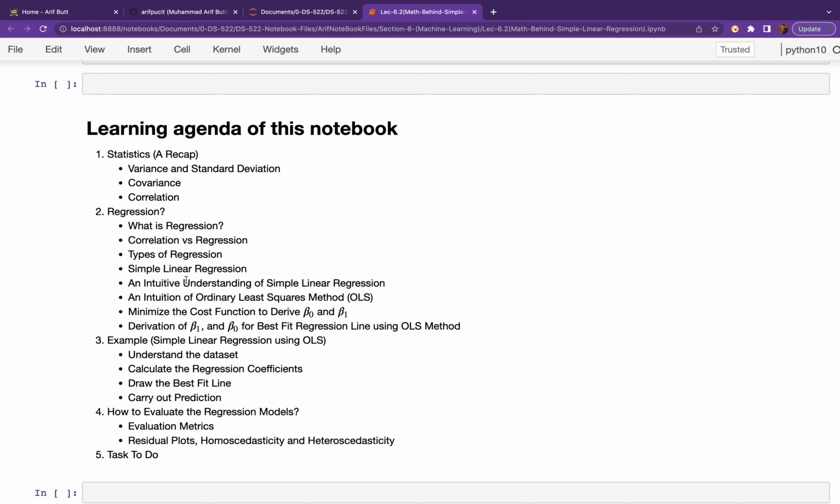Well, today, after having an intuitive understanding of how simple linear regression works, we will use the least squares as a cost function, and we'll see how we can minimize this cost function to get the regression coefficients and derive the best fit line equation used for prediction in simple linear regression models.